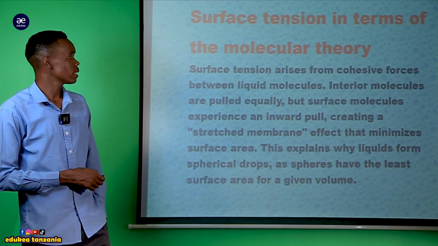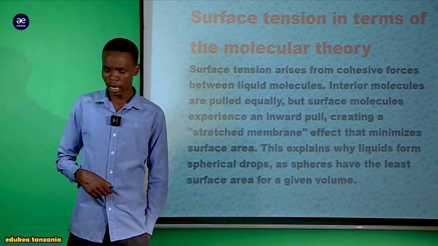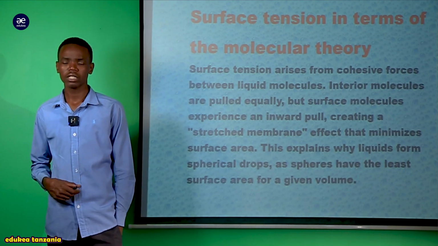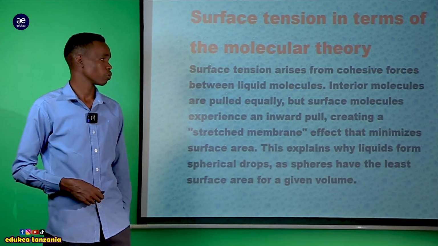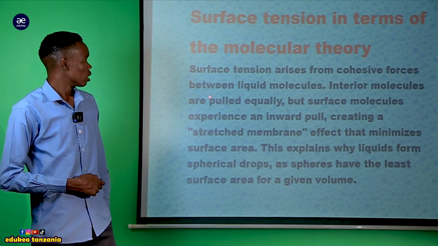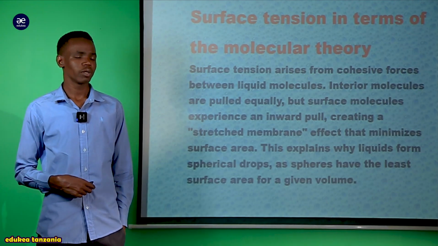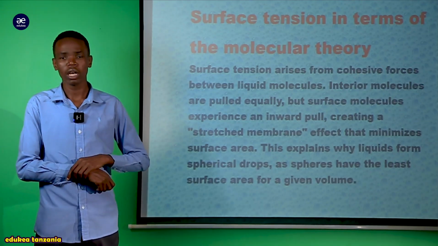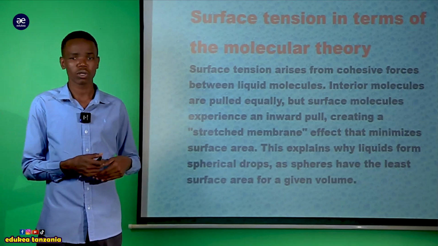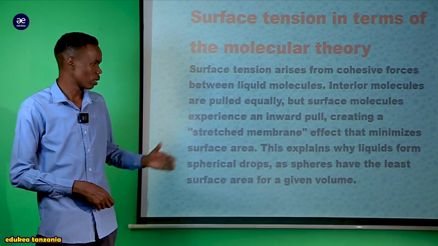So now we are going to see surface tension in terms of molecular theory, in terms of water molecules. Surface tension arises from the cohesive force. Kwa hiyo hapa inatokea from the cohesive force between the liquid molecules.